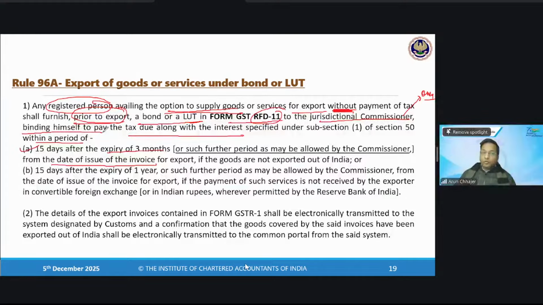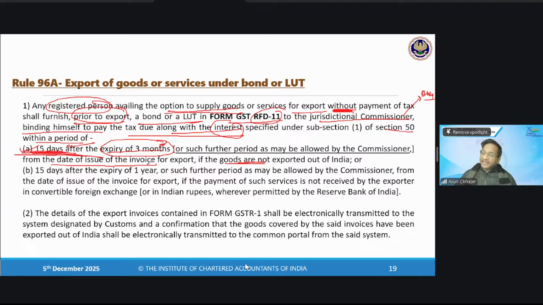Binding himself to pay the tax along with interest, it means he is giving the undertaking that he will export the goods within 3 months. If he does not export the goods within 3 months, then after the expiry of the 3 months, within 15 days, he will make the payment along with interest.